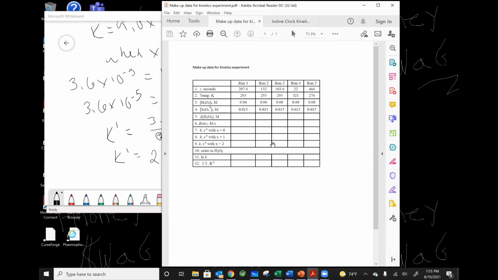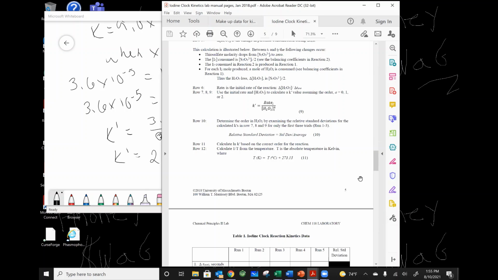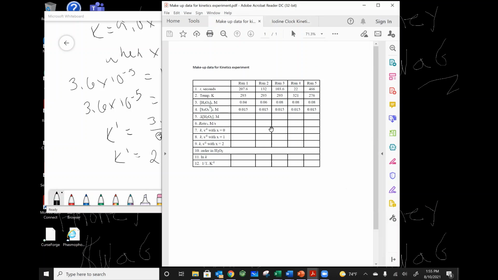Okay, so what is the relative standard deviation? What does that mean? The relative standard deviation is the standard deviation divided by the average. So you will take the standard deviation of these 3 things and then divide it by the average of these 3 answers.